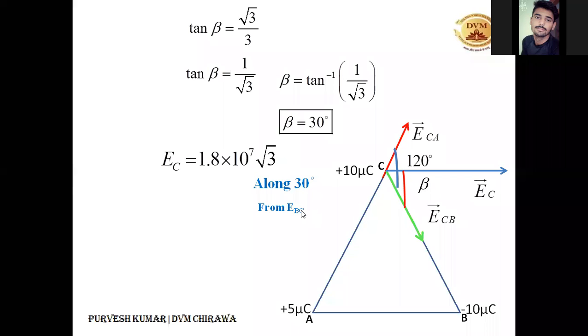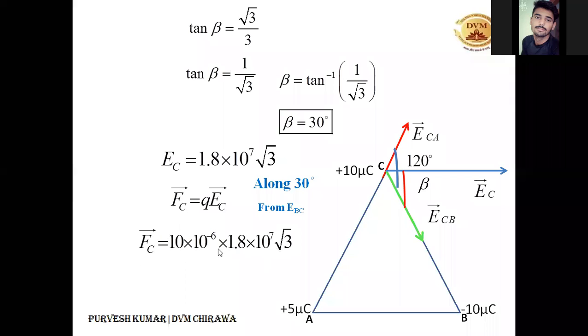Now they have given in the question that if a charge of 10 microcoulomb is placed at C, what will be the force on that charge? We can easily find that by using the formula Fc is equal to Q into EC. Q we know is 10 microcoulomb, that is 10 into 10 to the power minus 6, and EC we have just found, 1.8 into 10 to the power 7 root 3.